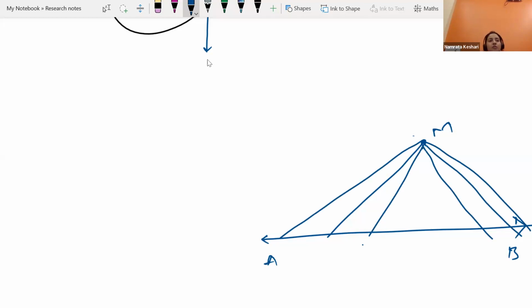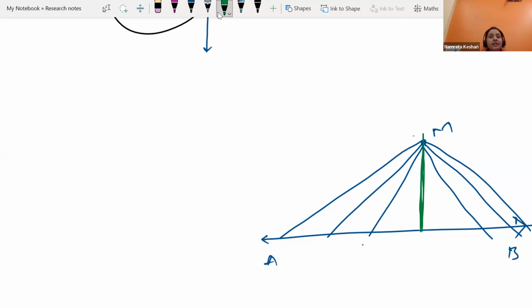One student said the distance is 15 centimeter, another said no, the distance is 12 centimeter, another came and said no, I'm getting 10 centimeter. So which distance will we take? We will take the shortest distance. The shortest distance means this perpendicular distance.